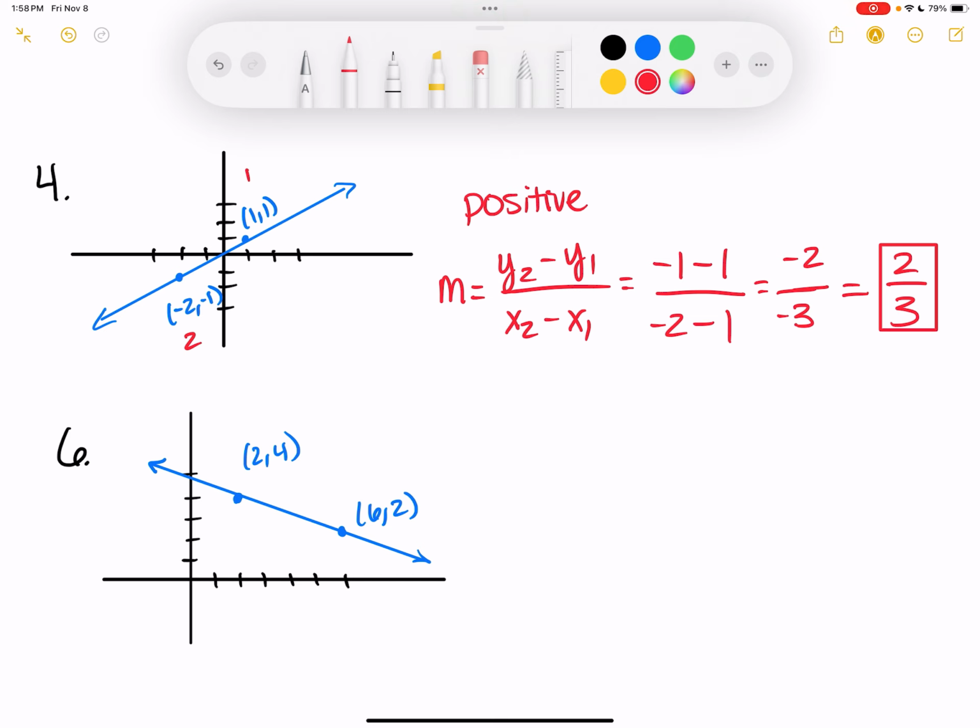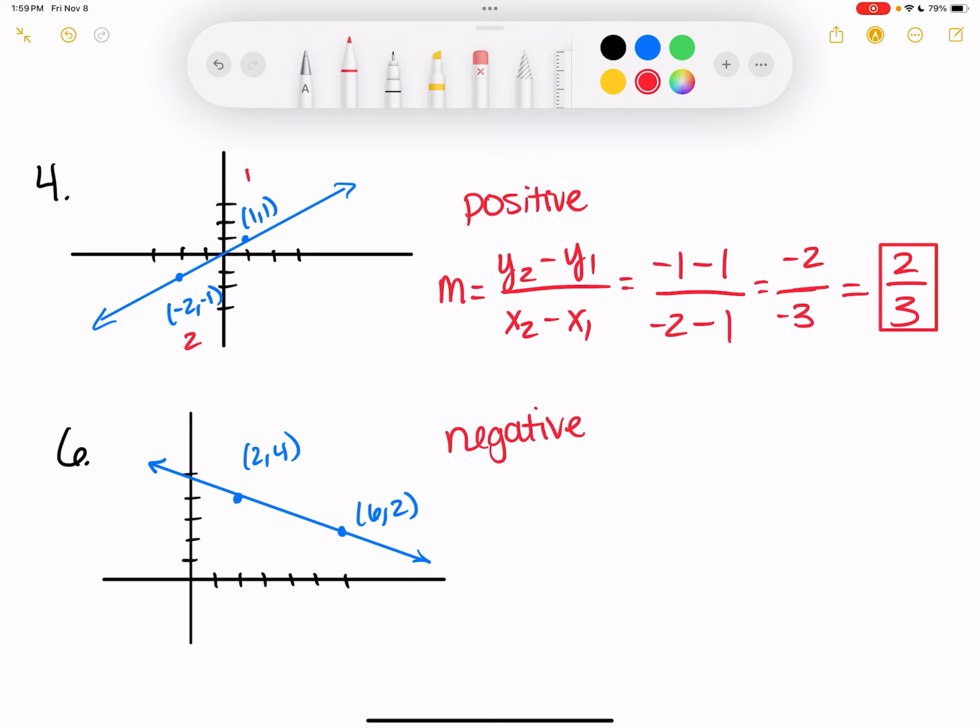Falling? Negative. If you say falling or negative, that's fine. If you say positive or rising, I'll take that. That's fine. I would suggest writing positive or negative because since I know this is negative, what is my final answer going to be? Negative.